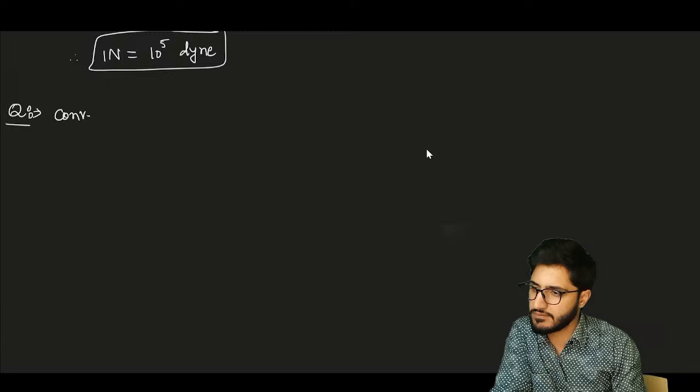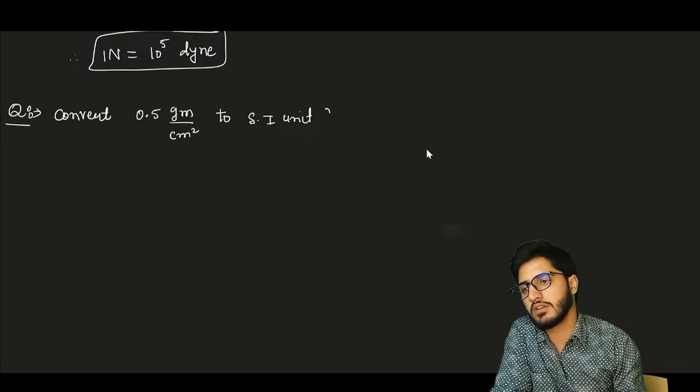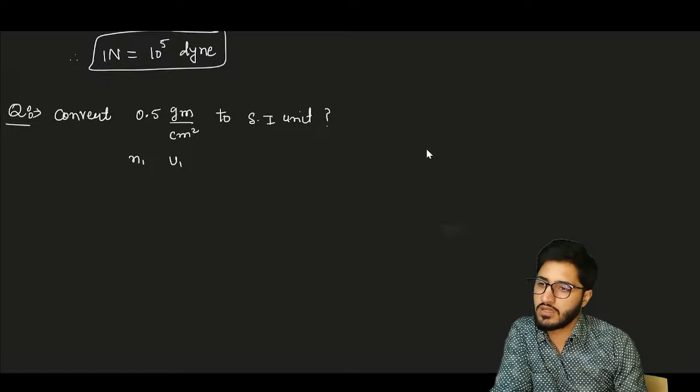Convert 0.5 gram per centimeter square to SI unit. This one is our numerical. Now look, this is n1, this one is u1. SI is u2. n2 we need to find out.